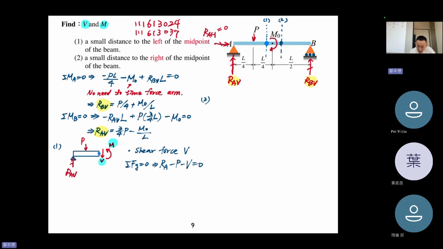Although the V here in the diagram will be positive, when we do the force balance, it still follows the system we used before. V is downward, but in the force balance, it should be minus V. The only place where V going downward is positive is the shear diagram.